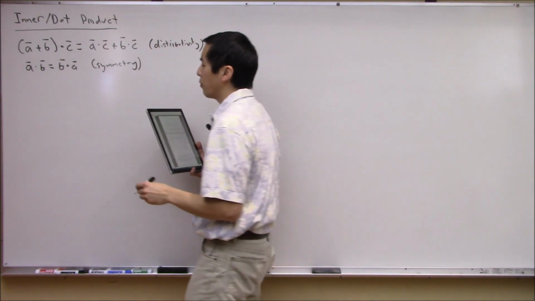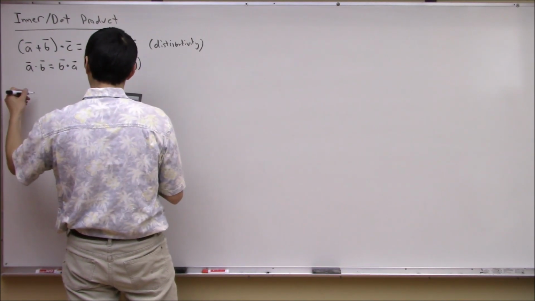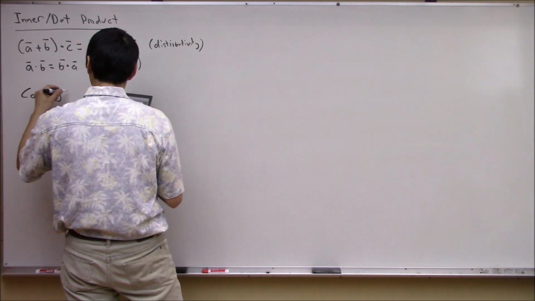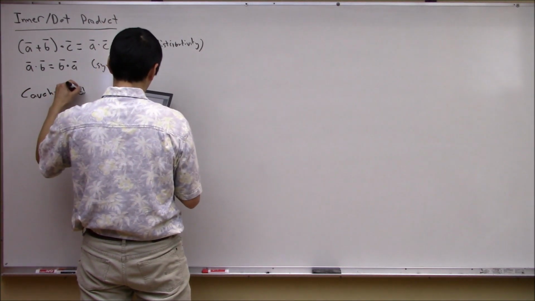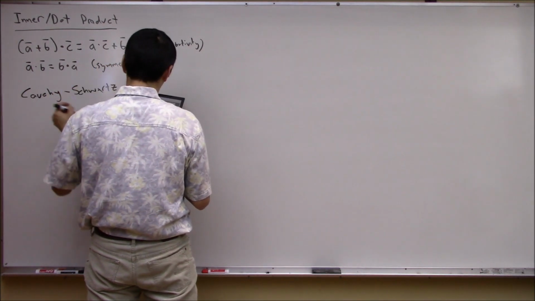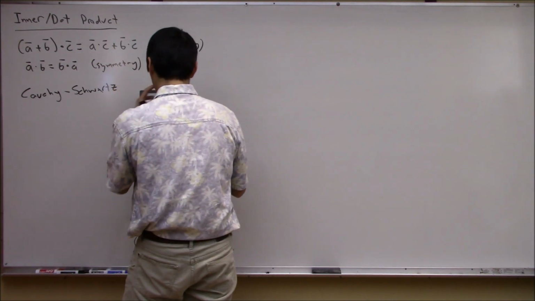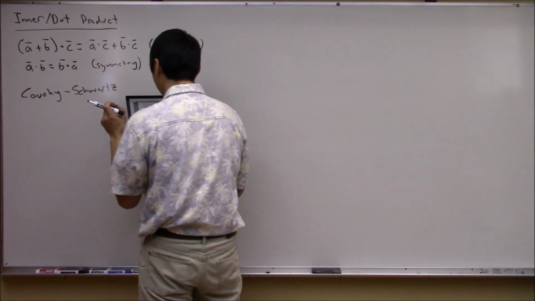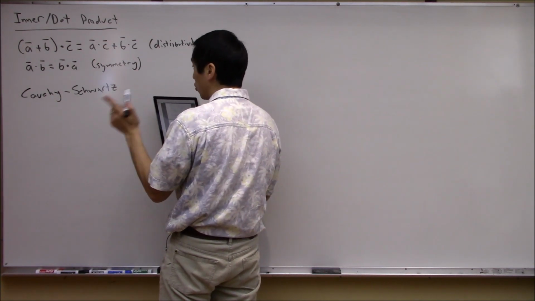And now I want to take a moment to talk very briefly about a very famous inequality using the inner product. This is known as the Cauchy-Schwarz inequality. What this basically states is that the magnitude of the dot product, or the inner product, is less than or equal to the product of the 2 individual norms.